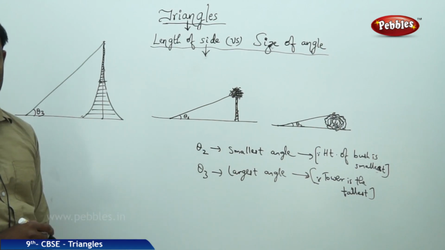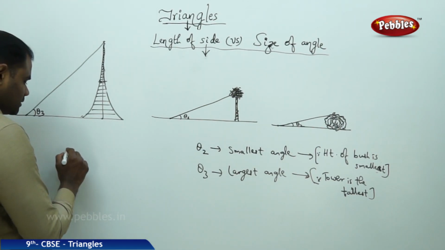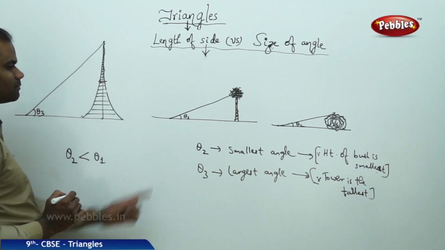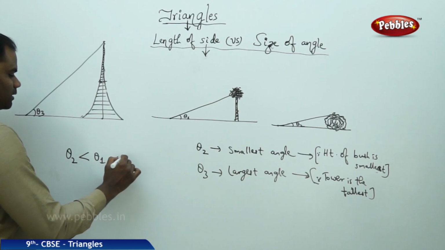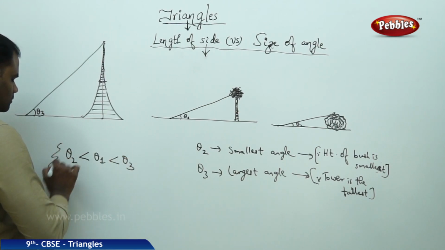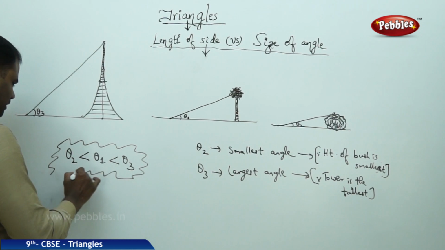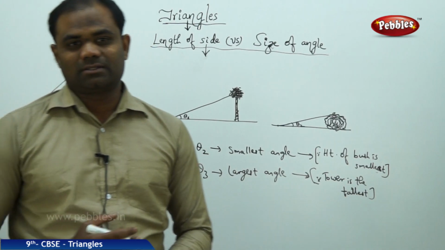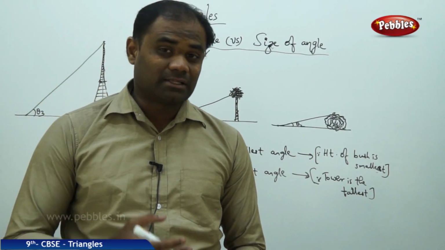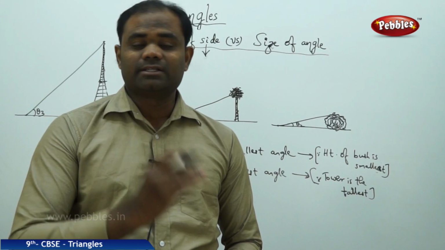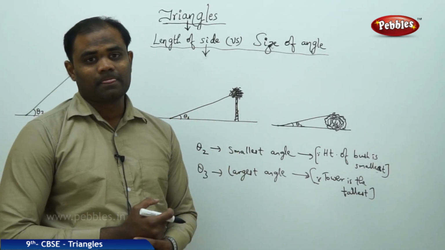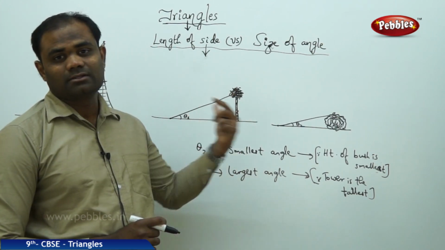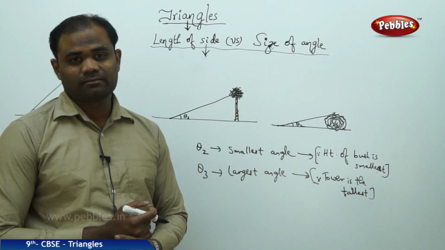Therefore, connecting the inequality with the angles here, I clearly see that theta 2 is smaller than the angle theta 1. Next comes smaller than theta 3. That is how I connect the real life situation with the angles. Lesser the angle, lesser the side, or lesser the side, lesser the angle opposite to it. That is how we have the triangle connected with the angles of different heights.